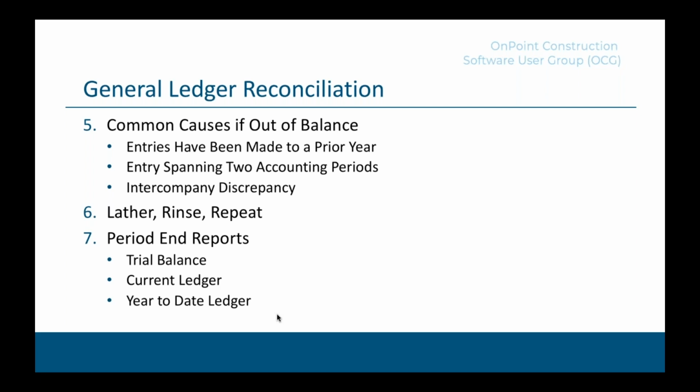And it knows that you're not at your year end. And so it's just going to roll those prior year entries to retained earnings. But otherwise, this month or any month will be out of balance until you close that prior year.